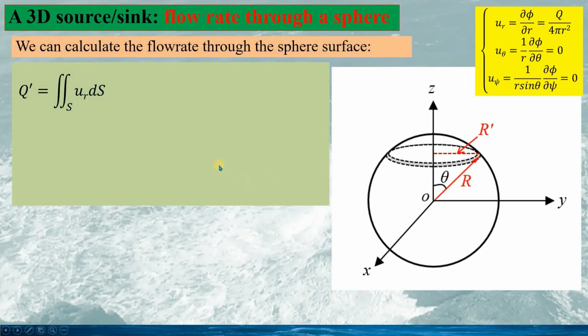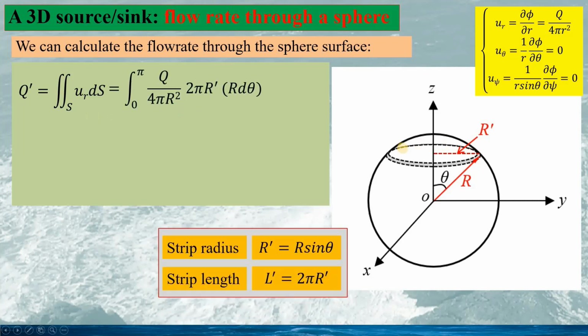Here, we can calculate the flow rate through a spherical surface. See this plot. The flow passing through the surface would be calculated as this. Since on the sphere surface only ur is non-zero, we can have this. We take a stripe, see here, whose radius is r prime, calculated as r sine theta. So the stripe length l prime equals 2 pi r prime.